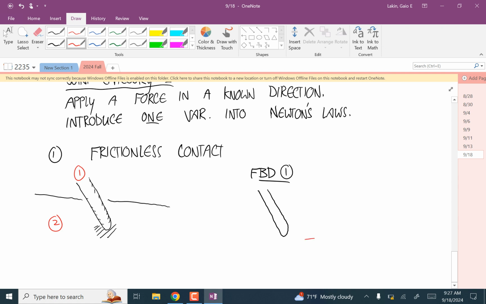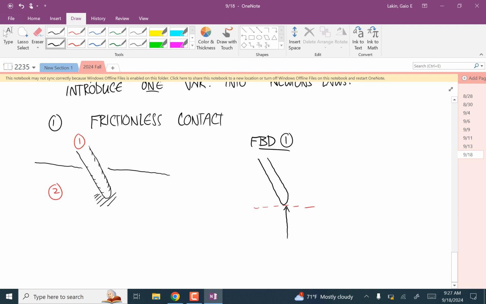And if that's like an outline of the surface, then the force is going to be perpendicular to that. And you would represent this with a scalar variable, not with a vector variable. So just call this R or something.